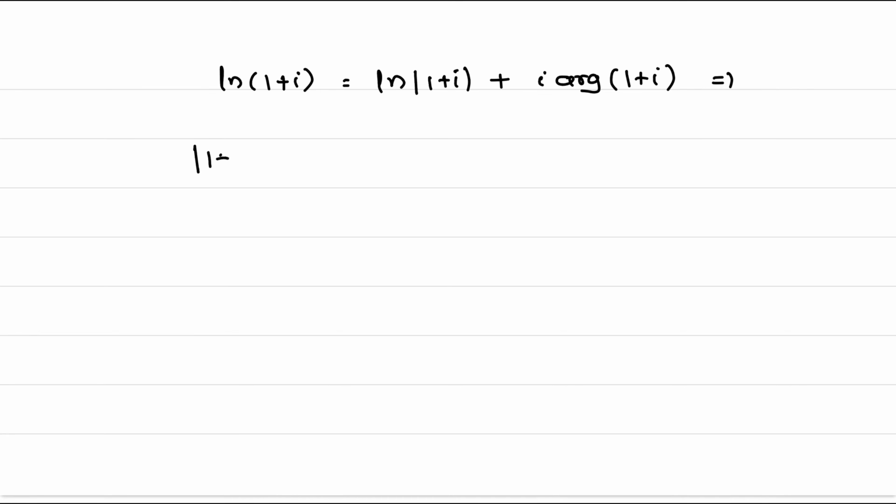What is the magnitude of 1+i? This is nothing but the square root of 1 squared plus 1 squared, which I have explained in my previous lectures on complex numbers. The magnitude of a+ib is the square root of a squared plus b squared. Here a is 1, b is 1, hence the square root of 1 squared plus 1 squared, which is square root of 2.